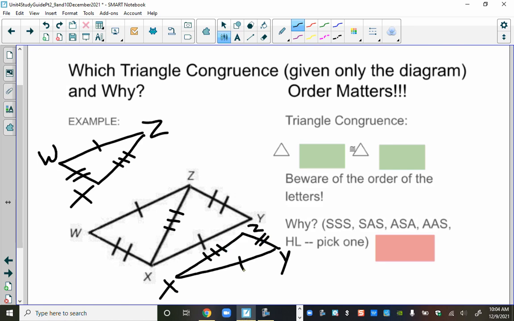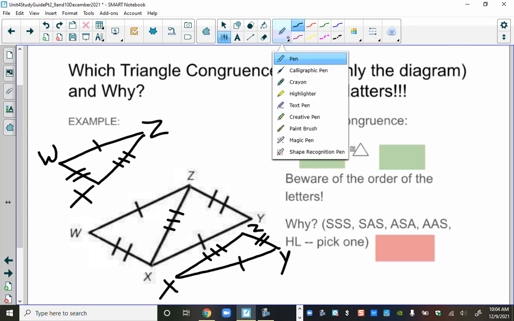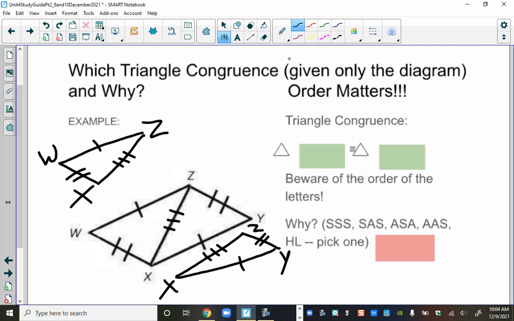What triangle congruence, given what we see right away? Now, anytime you have a shared side, the shared side is always congruent. We agree to that, right? Here's our shared side. That's always going to be congruent for both triangles, because you see the side in both. Like you see XZ here, you see XZ there. So that's automatically going to be congruent.